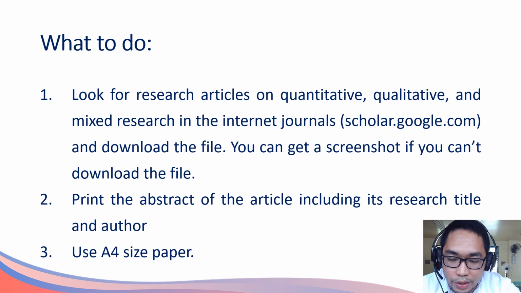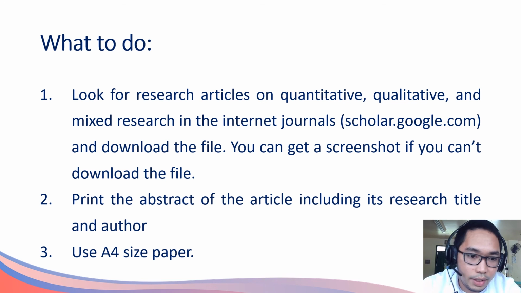So where can you find internet journals or research journals? You can find it on scholar.google.com and download the file. You can get a screenshot if you cannot download the file.